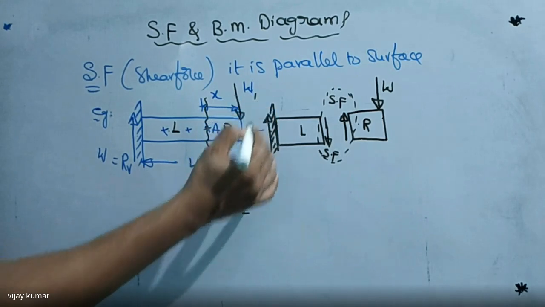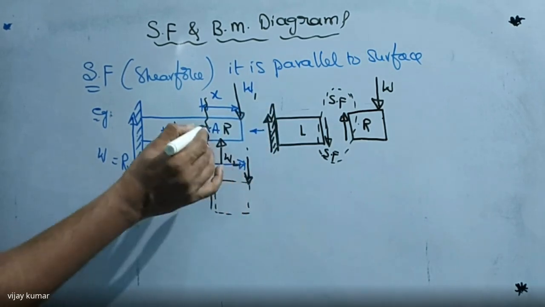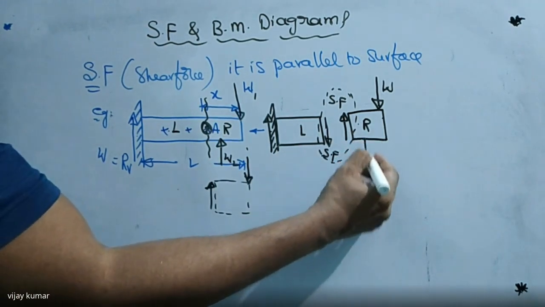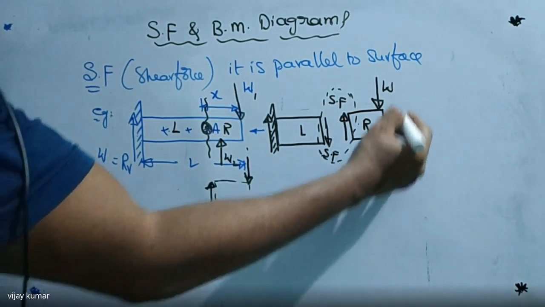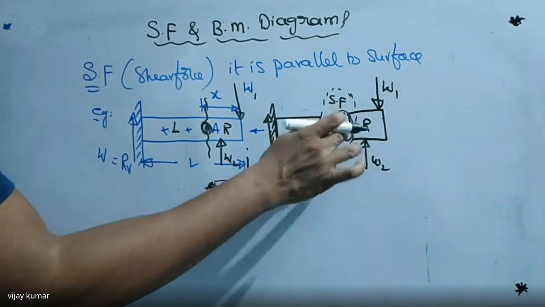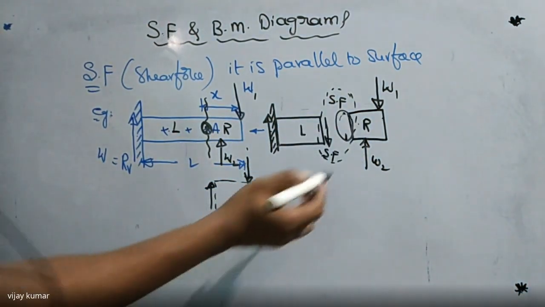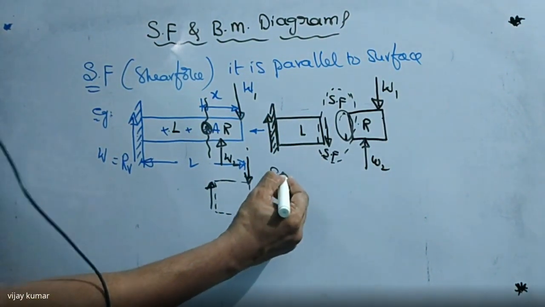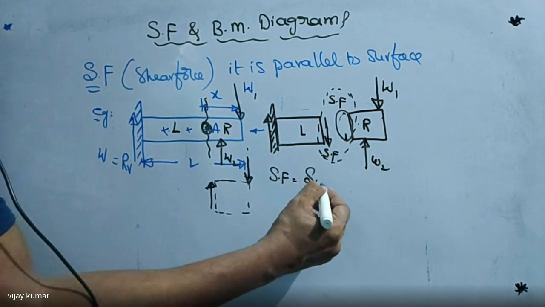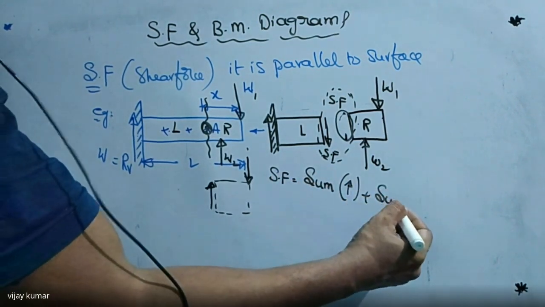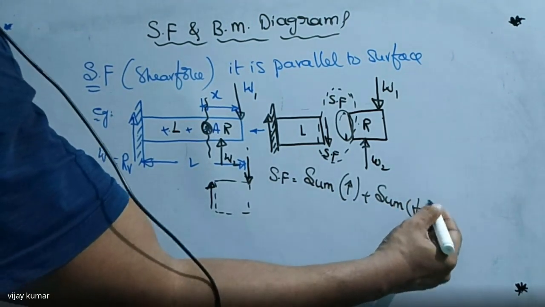This one is W1, this one is W2. I want to find the shear force here, but I don't know in which direction the total shear force will act. But here, shear force is always equal to the algebraic sum of upward forces plus the sum of downward forces.